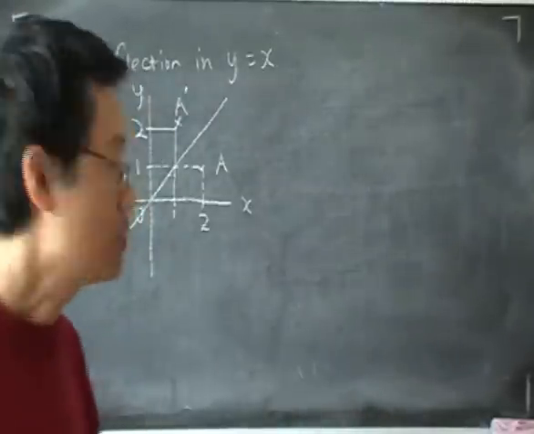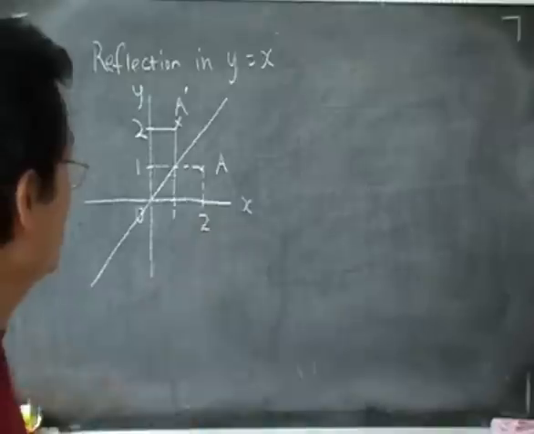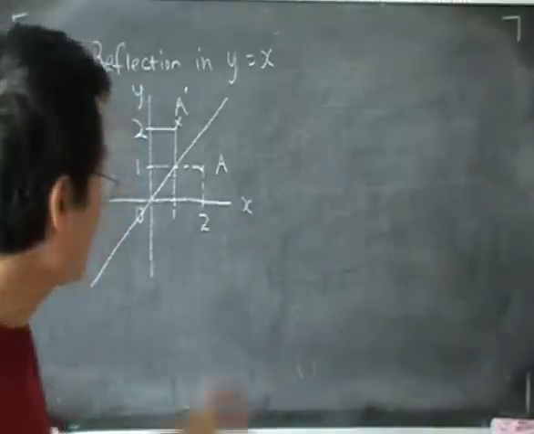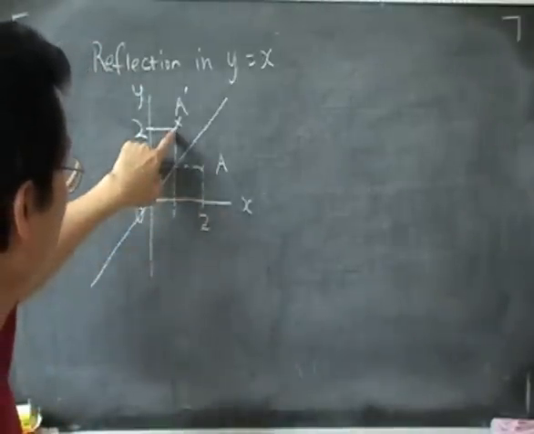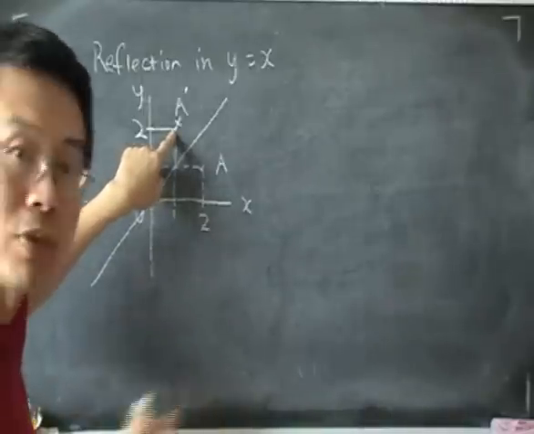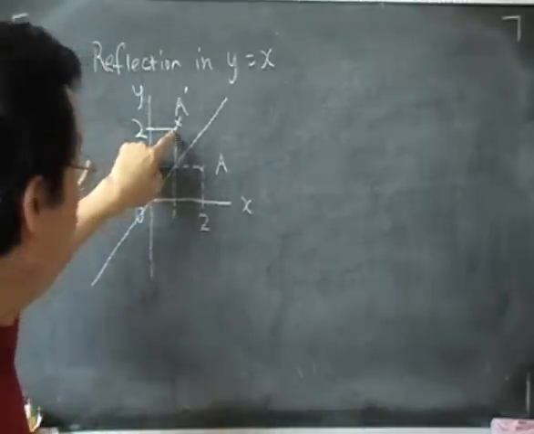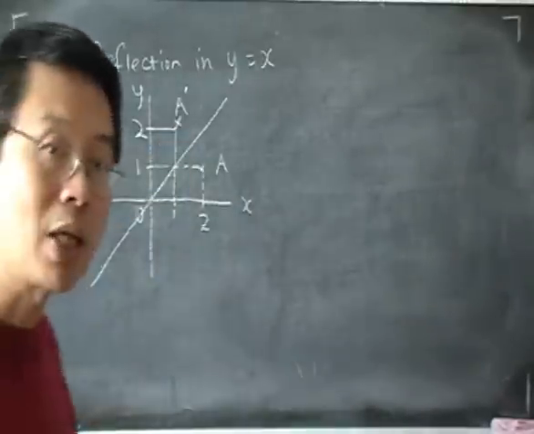And therefore, because we know that A is the remaining corner of the rectangle, its image must be the remaining corner of this reflected rectangle. So that's where the image of A is.